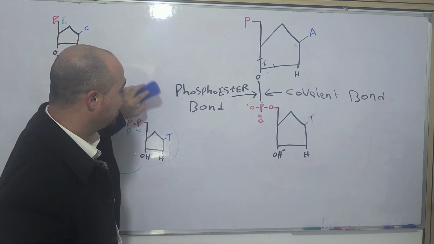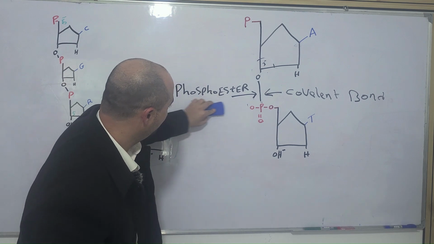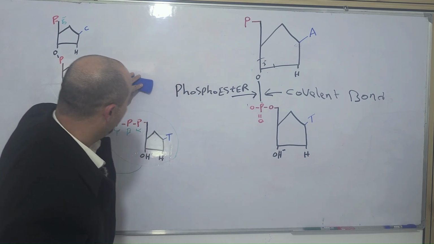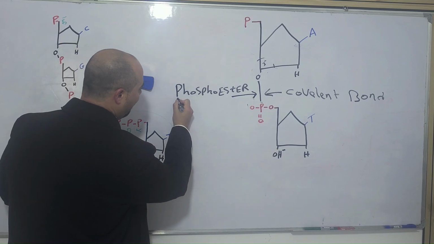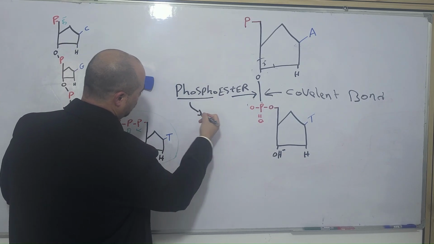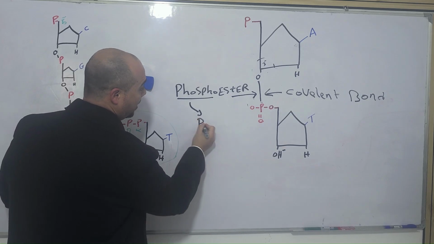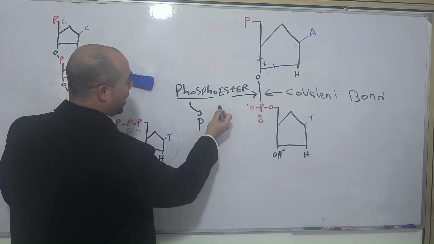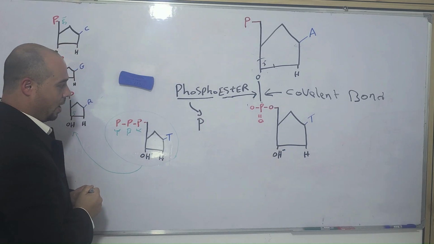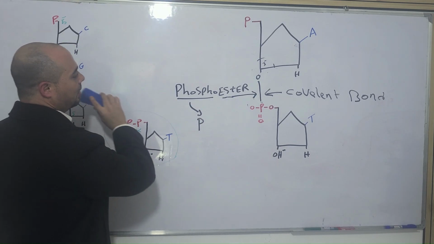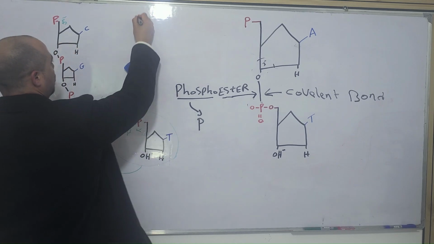So first of all, let's break down the word. Let's remove bond so we can look at the word in a better manner. So what can you take from the name alone? Phospho, great. So something to do with phosphate, and you'd be correct. And this is the phosphate. What about ester? What's ester? Or, you know what, let's call it a phosphodiester bond.